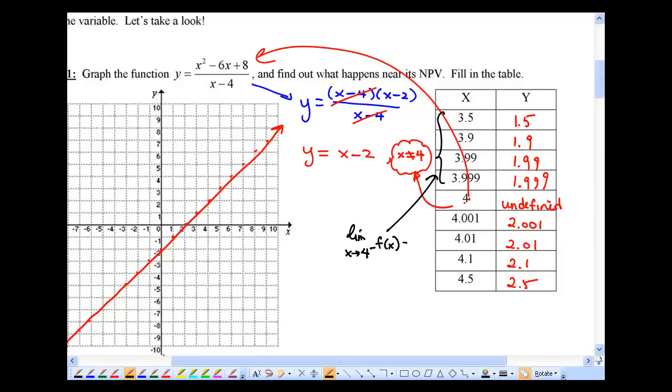And the function seems to get closer and closer to the value of 2. Same thing over here from the right. The limit as x approaches 4 from the right seems also to be equal to 2. However, at 4, f of 4, the answer is undefined.